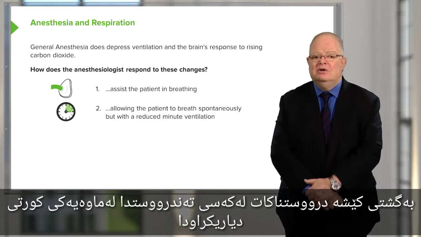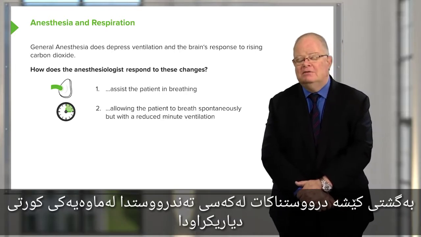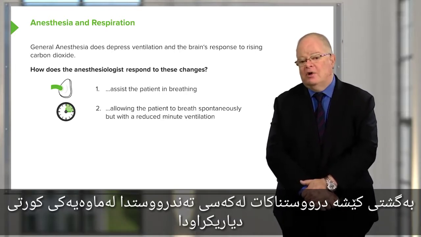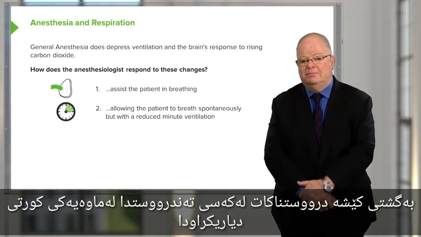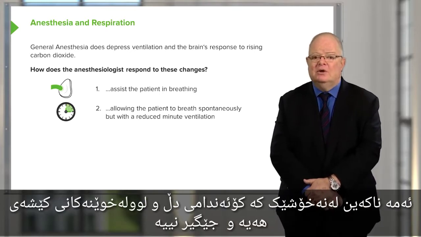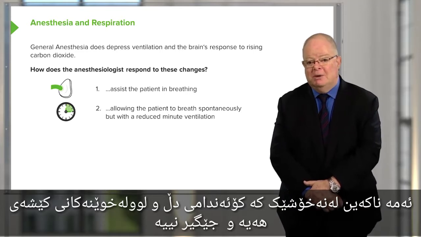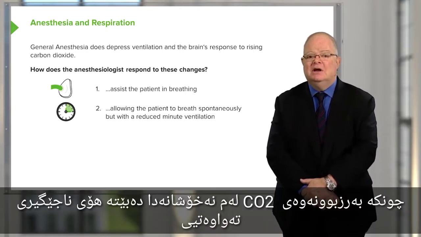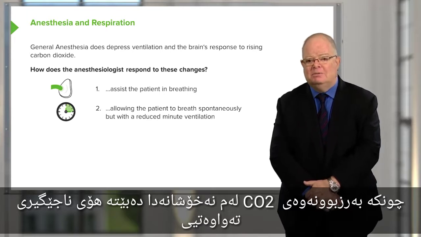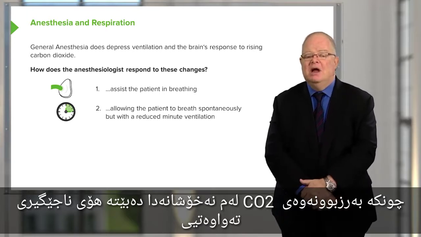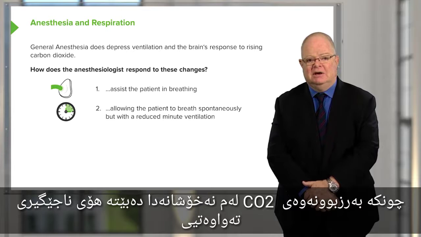This is generally not a problem, at least in relatively healthy people and for relatively short periods of time. We try to avoid this in older people or people who have cardiovascular problems which may be unstable, because a rising CO2 in that situation may cause instability.